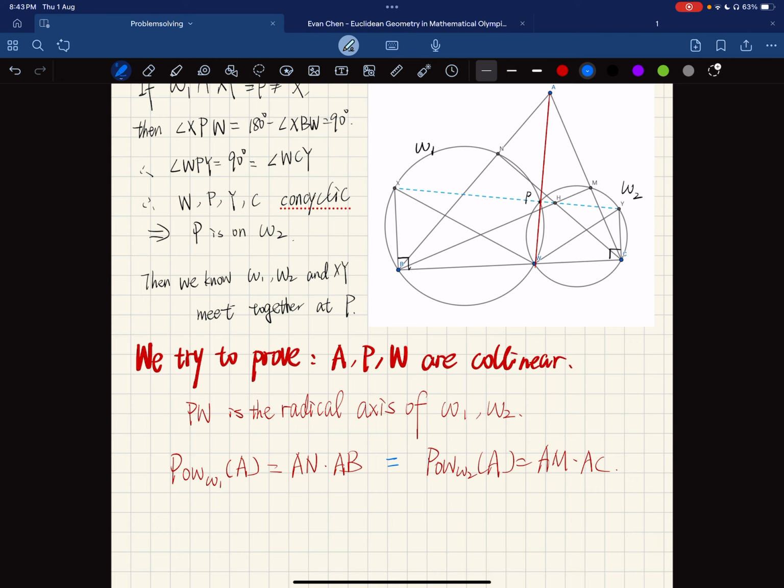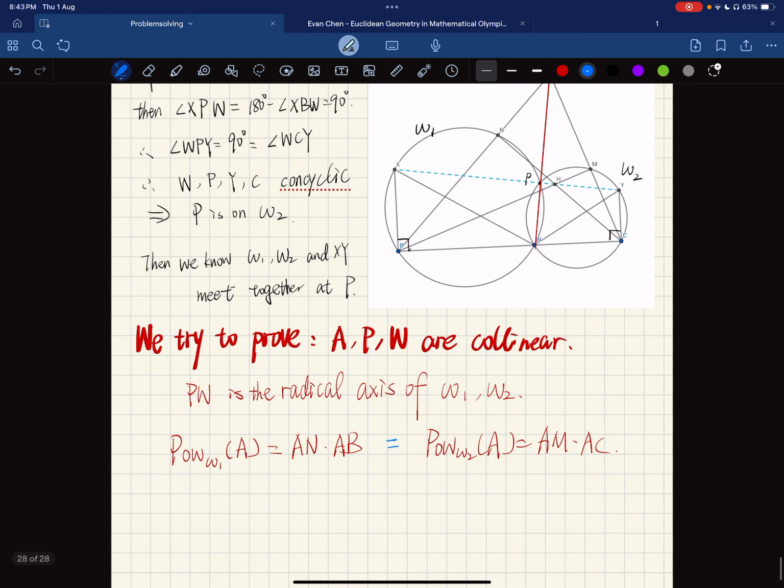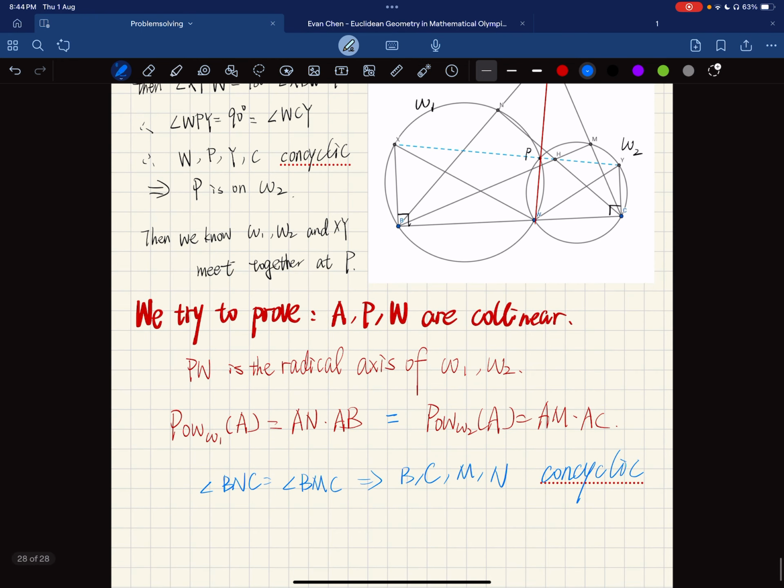Actually, they are the same. Why do I say so? Because angle BNC equals angle BMC. It shows that B, C, M, and N are concyclic. And then we have AN times AB equals AM times AC.